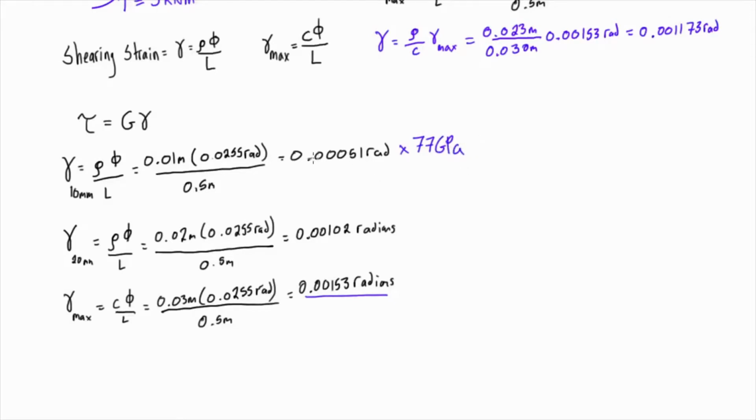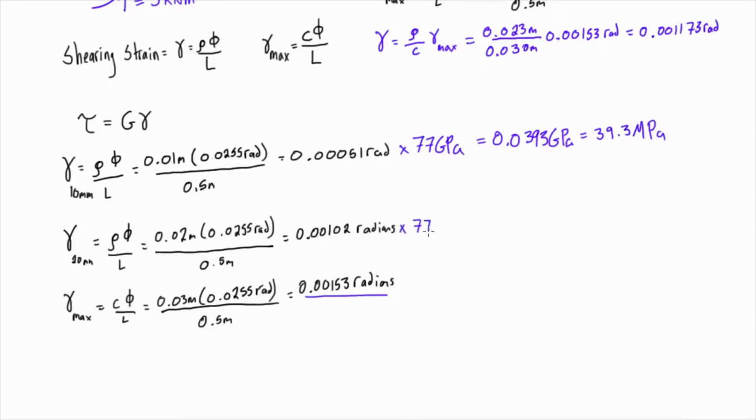And when you do that, 0.00051 times 77 is going to give us a value of 0.0393 gigapascals. And you can convert this to megapascals if it's a little bit cleaner, and that's going to be 39.3 megapascals, right? Just multiply it by 1,000 to change it to megapascals.